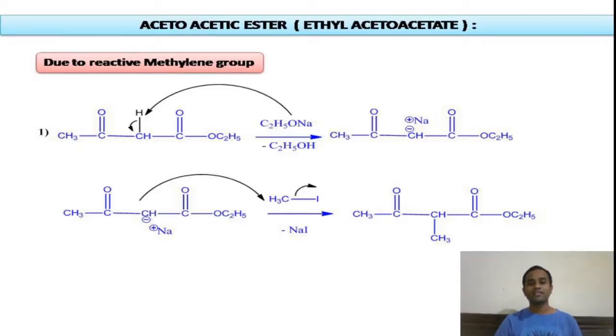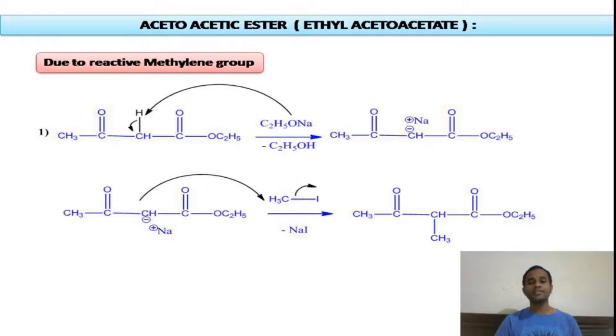You can see in this, the methylene group is flanked on both sides with two electron withdrawing groups. One is keto group, other side ester group. Due to this, the methylene group is very reactive, which is commonly known as active methylene group. The compound is known as active methylene compound. The hydrogen atoms present on this active methylene group are relatively acidic.